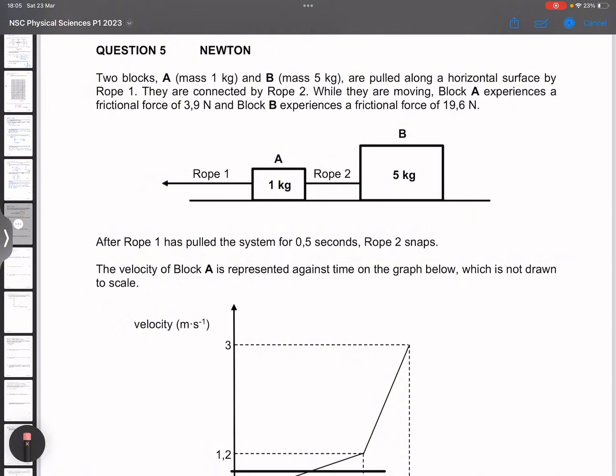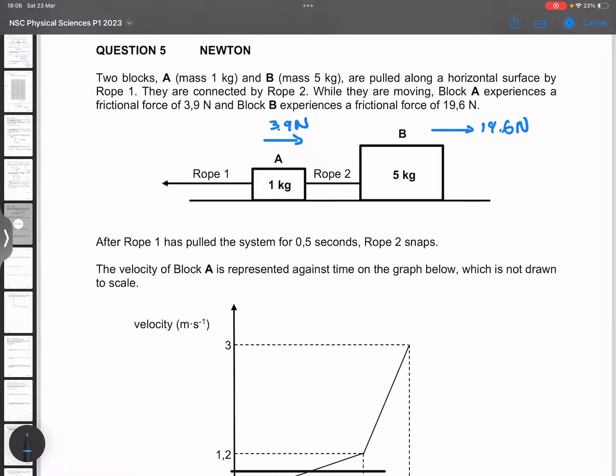So this guy would experience friction of 3.9 newtons, and block B experiences friction of 19.6 newtons, right? Now they say after rope 1 has pulled the system for 0.5 seconds, rope 2 snaps.